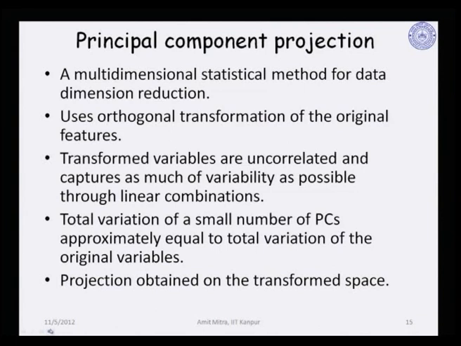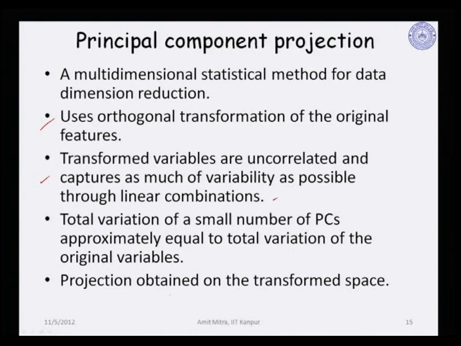Next, we look at a classical approach: the principal component projection based method. I have already discussed this principal component method in a nutshell. We are going to look at the theory part of it and its various important properties in the course of this lecture. But what I have said is that it uses an orthogonal transformation of the original features, and then we will be looking at transformed variables which are uncorrelated and capture as much variability as possible through linear combinations.